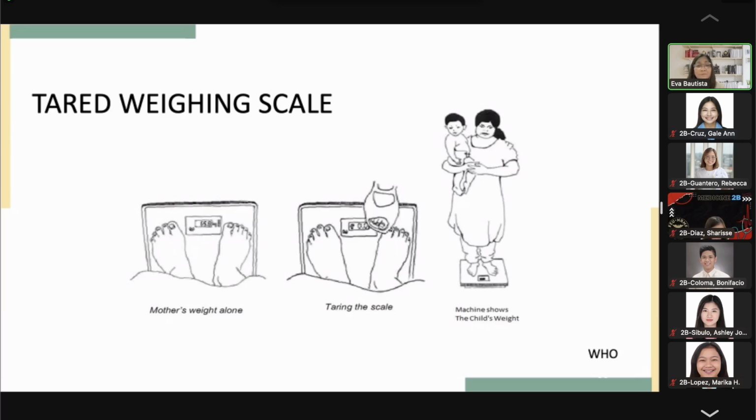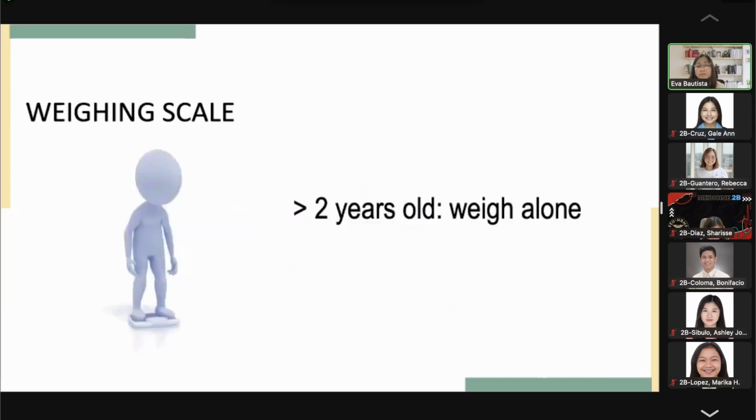So we have to ask a person with a lighter weight to be paired and to carry the infant. Or if you do not have that scale, you weigh the mother, you weigh both of them, and then you just subtract.